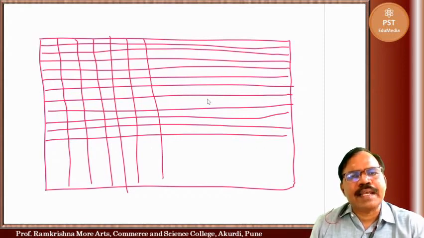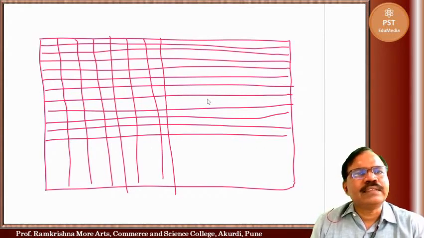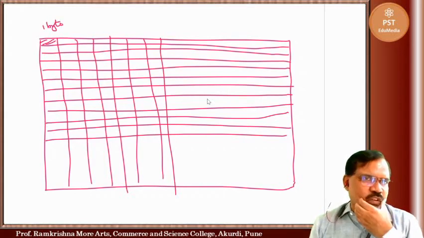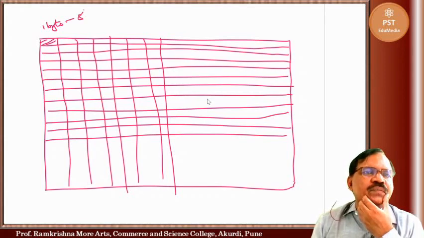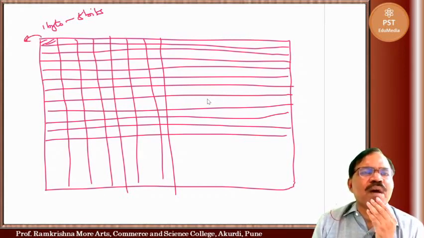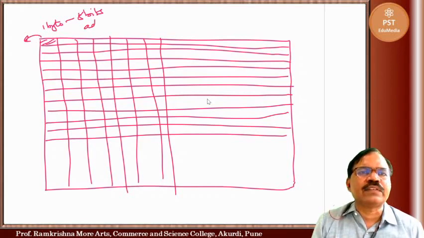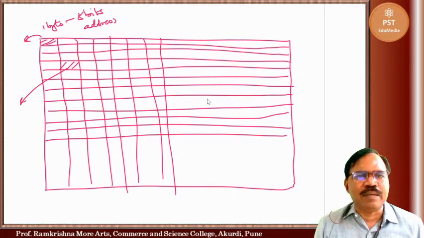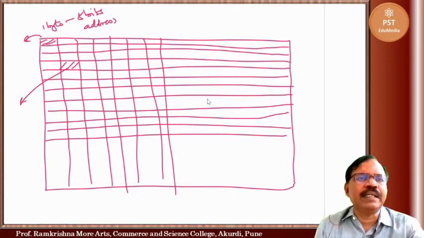It is array, and see here each block is of 1 byte or 8 bits. And here they are continuous, and each has some number that is called address. So suppose this has some address in the memory, that is location in the memory.